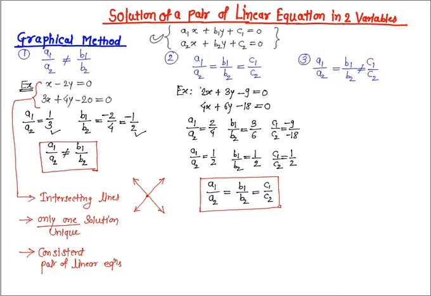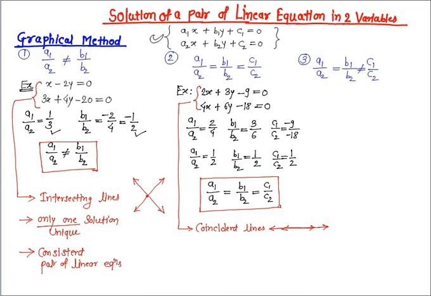So for this pair of linear equations, the graph will be coincident lines. When we say coincident, the line of one equation will be like this and another line, the graph of the other equation, will be like this. So this will be coincident lines. Now for this kind of lines, how many solutions will be there?